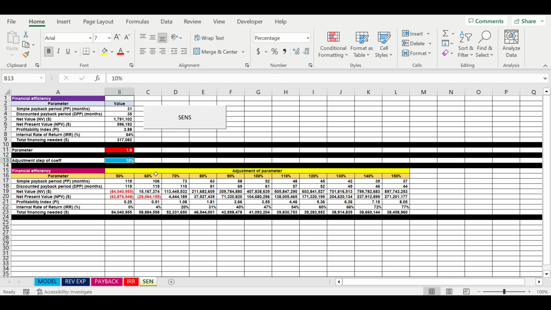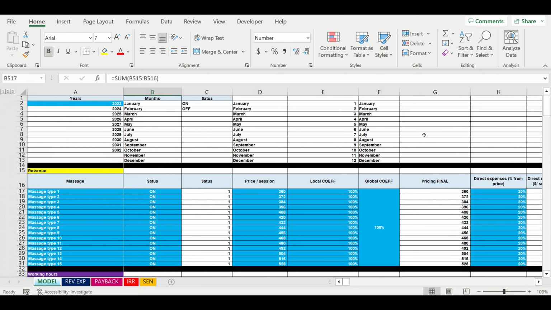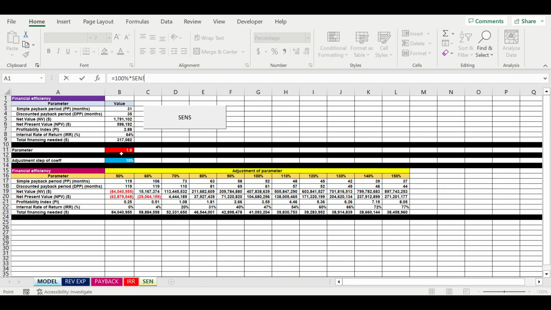For example, we can go to the model. We can go up. For example, we have this price for massage type number 15, and what we can do is press equals and multiply by the sensitivity coefficient.